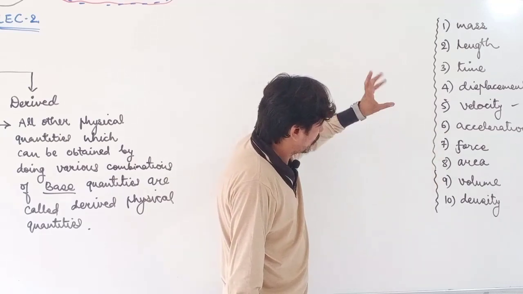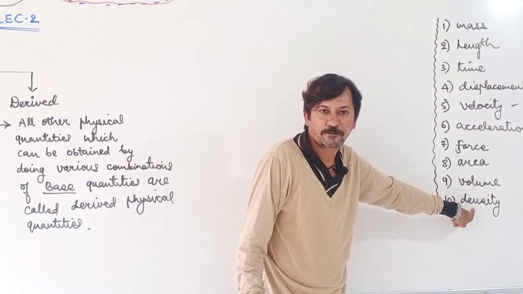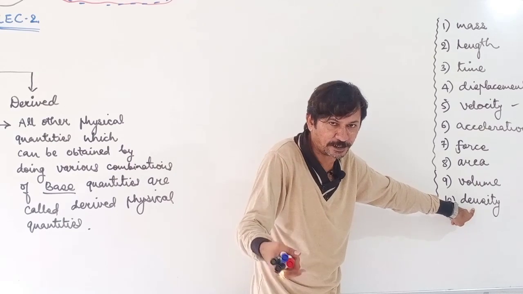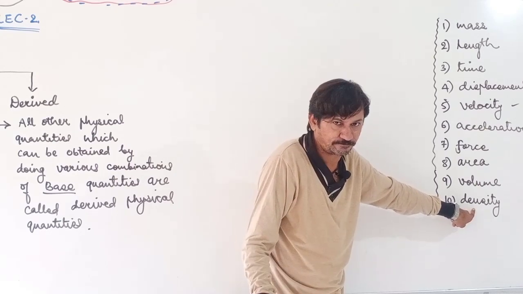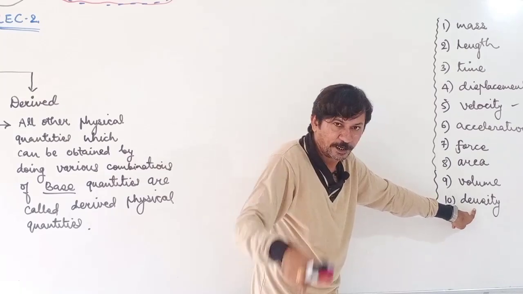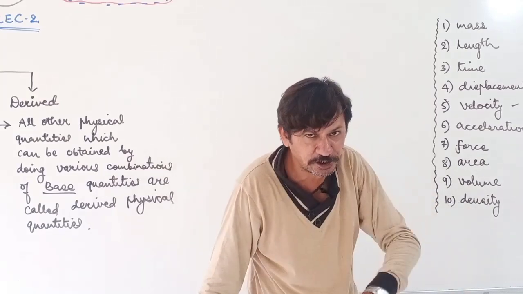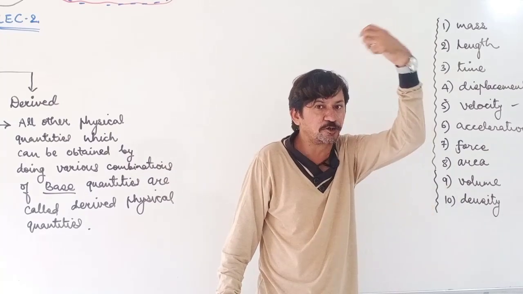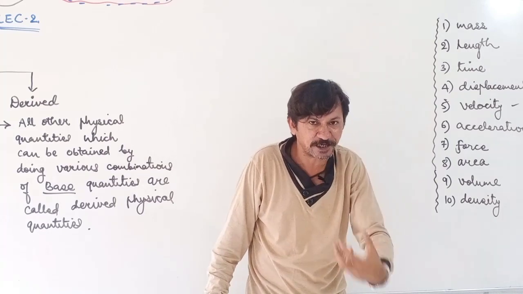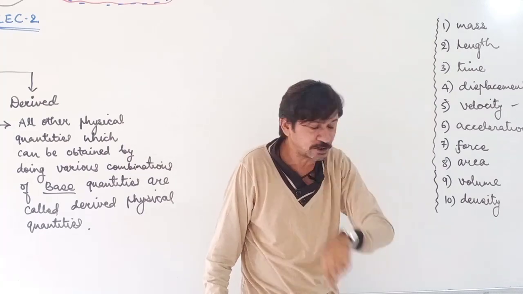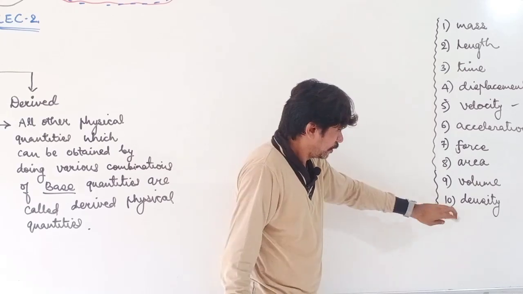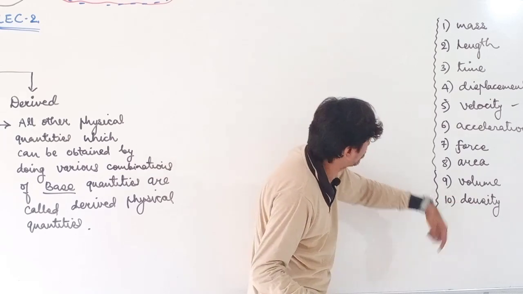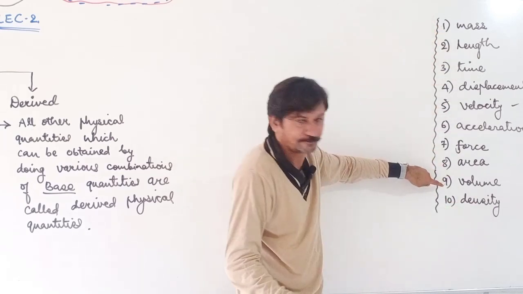Okay, now think about density. Do you know the formula of density? You know, yaar, density is very well known. Okay, I'll give you the formula. Density is defined as the ratio of mass to volume. You know the ratio. In the numerator there is mass, in denominator there is volume. Mass upon volume is called density. Okay, so in density there is combination of two physical quantities, mass and volume.